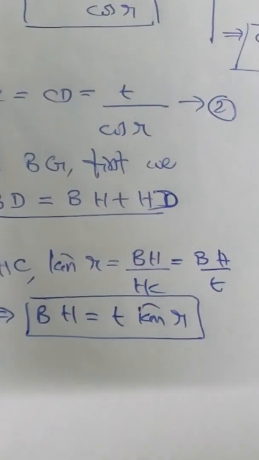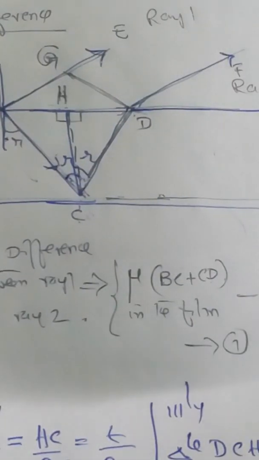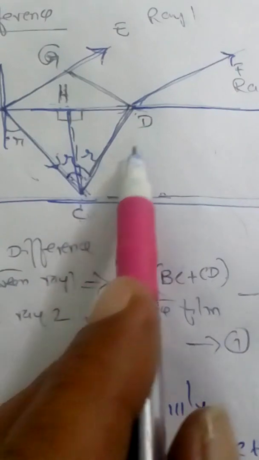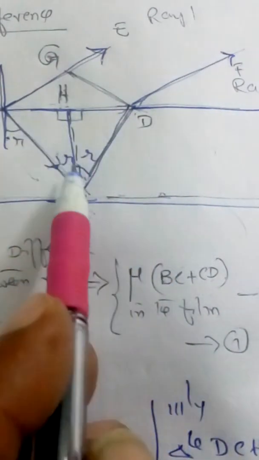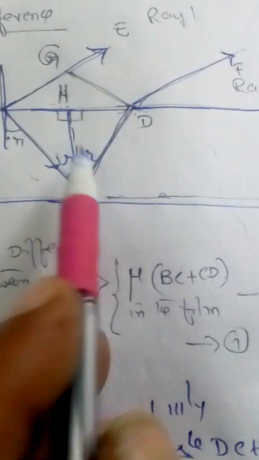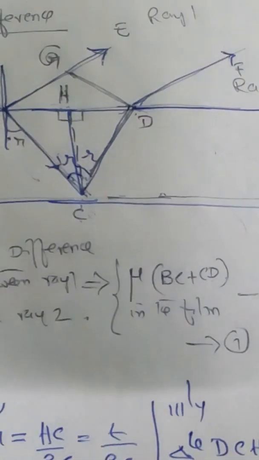For that, you can take this triangle. DH is this one. Already you found BH, and here also you have to find HD. Again you can use tan R, so it is DH by CH.